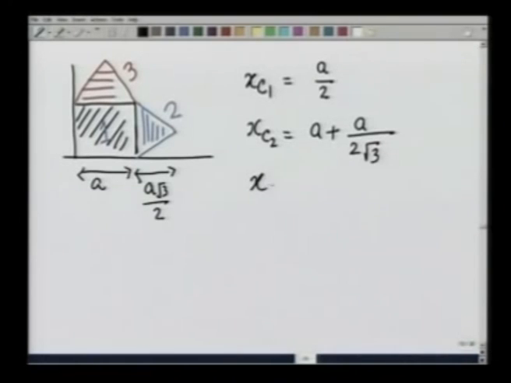And x c 3, that is the x coordinate of the centroid of the third triangle, is going to be right on the dividing axis, which is going to be a by 2 again.